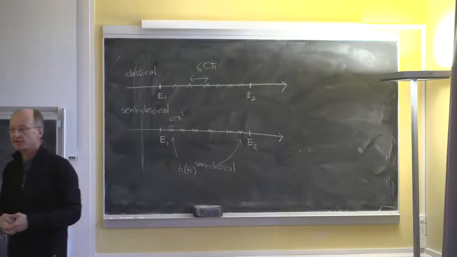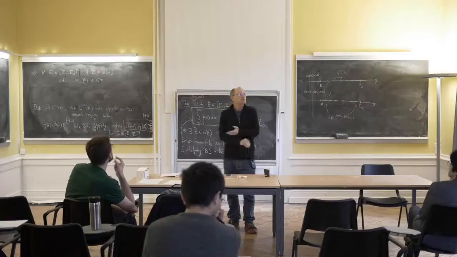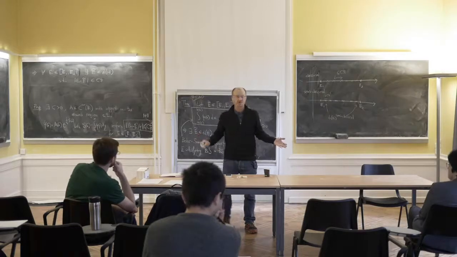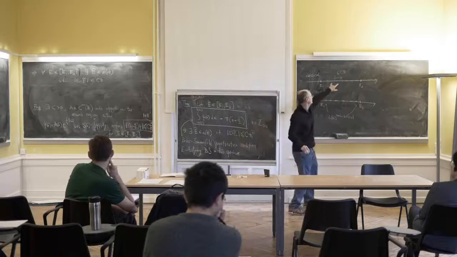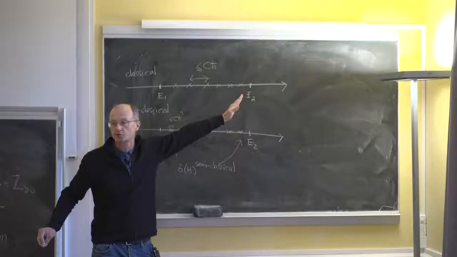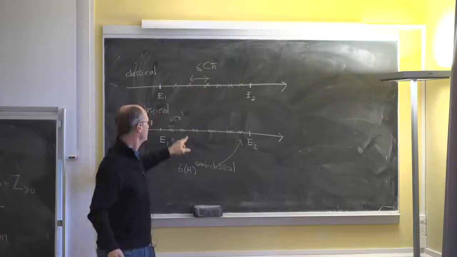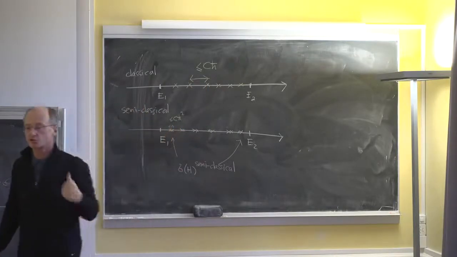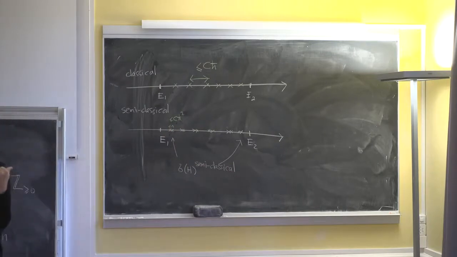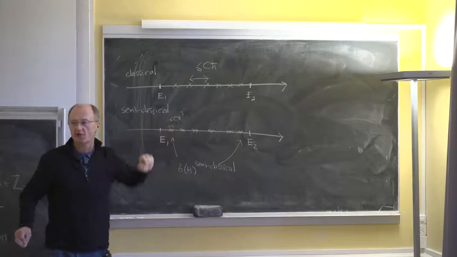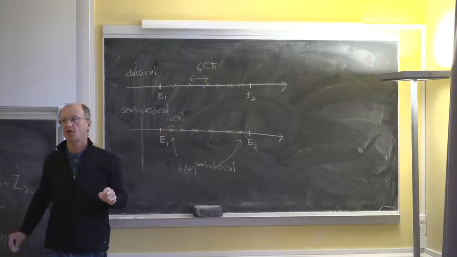But CH square, when H is small, is much, much smaller than CH. CH is of course very small in comparison to the window, but in comparison to CH squared, it's huge. So this is a much more precise statement on where the spectrum will be located.